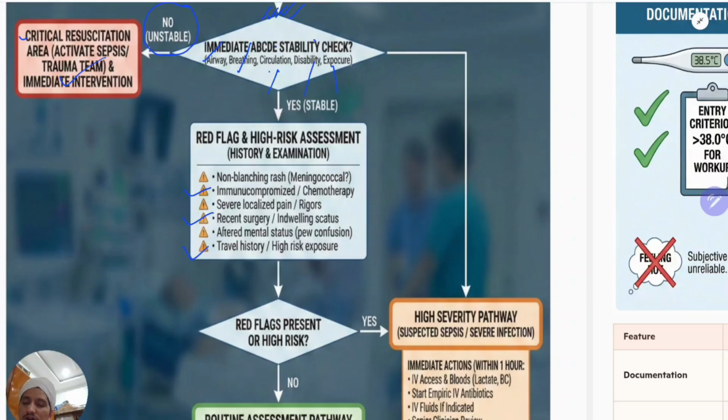The other 3 are rigors, non-blanching rash, and altered mental status: skin, CNS, and skeletal muscle. So these are the 6 red flags of fever.